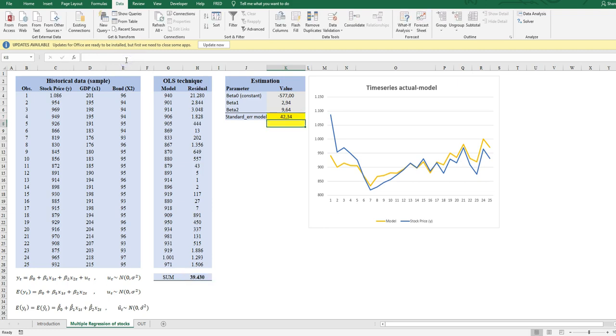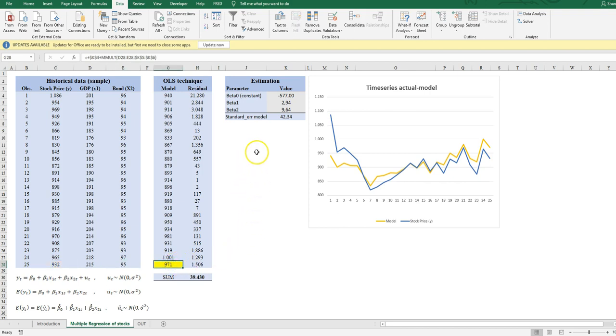And now with this we can build our confidence interval for the predicted value of the stock price. So, for instance, you can take this one down here and make the interval around the model value.